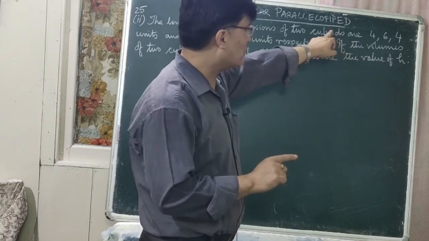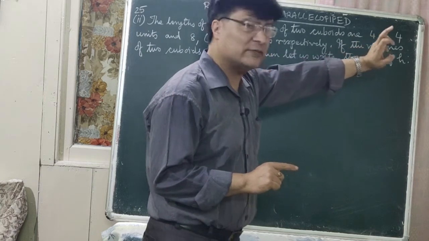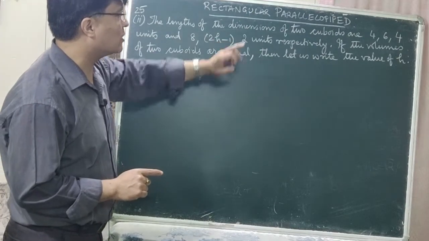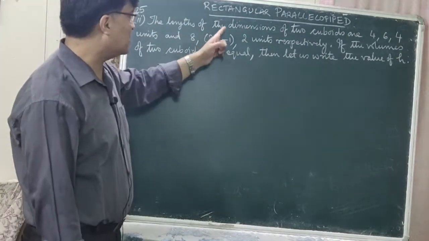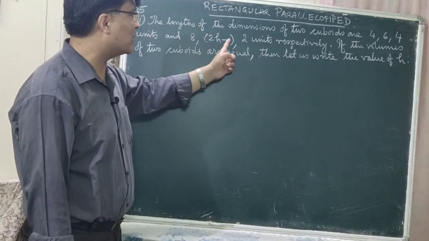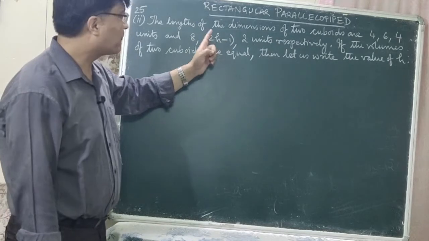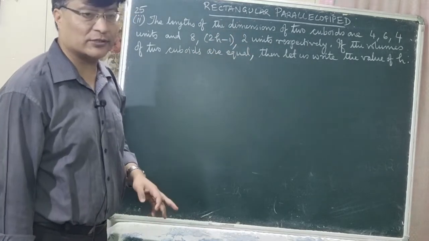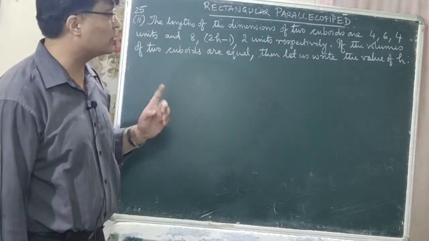For the first cuboid, length is 4 units, breadth is 6 units and height is 4 units. And for the second cuboid, the dimensions are 8, 2h minus 1, 2 units. That means length is 8 units, breadth is 2h minus 1 units and the height is 2 units. So these are the dimensions of the two cuboids, right?